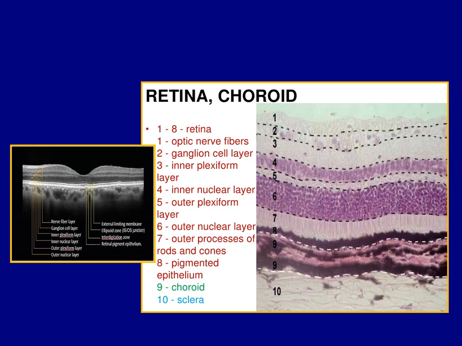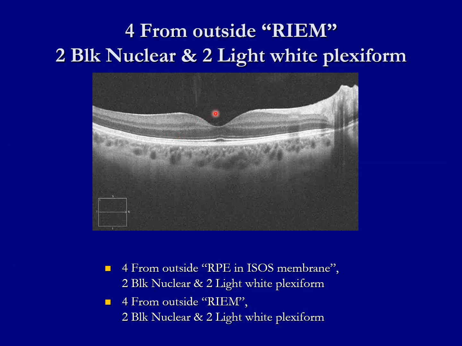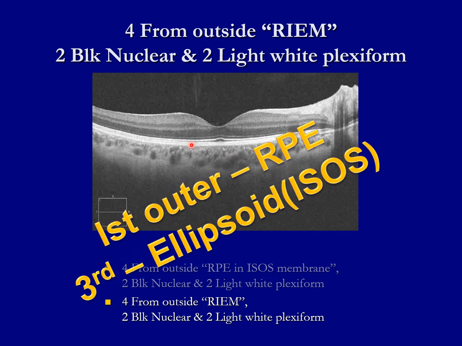Let's magnify it. Look at this OCT. You can see all the 10 retinal layers. All you have to concentrate on are these 3 white lines. All you have to remember is the outer one is retinal pigment epithelium. So this white line is retinal pigment epithelium.